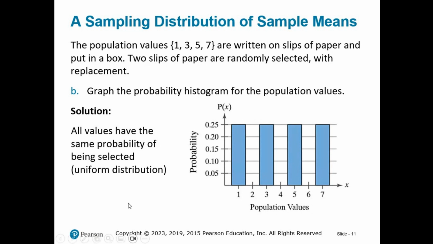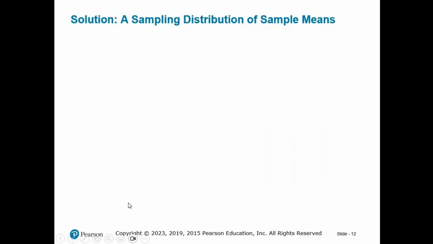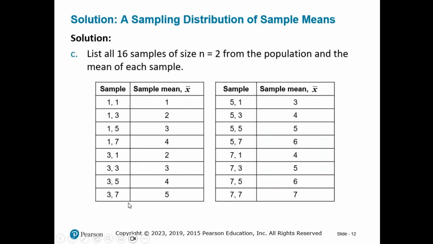Now to create our samples from this very tiny population. We draw 2 slips of paper randomly with replacement in between draws. The list of all possible samples of size 2 are given in this table. Here are all the possibilities for selecting the first piece of paper. Here are all the possibilities for selecting the second piece of paper.